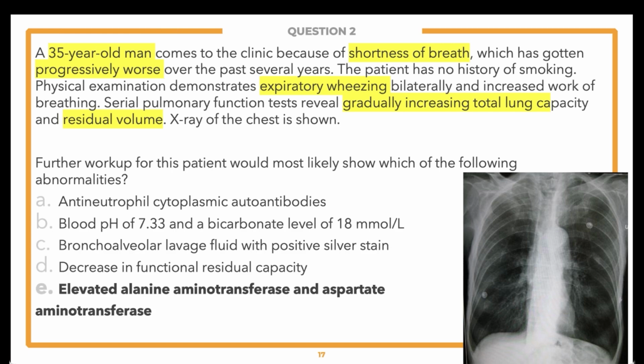What is alpha-1 antitrypsin deficiency? You guys might not have reviewed that for a while. The idea is alpha-1 antitrypsin deficiency leads to our body not being able to break down the elastase in our body, essentially. So alpha-1 antitrypsin is a protein that's present that keeps elastase in check.